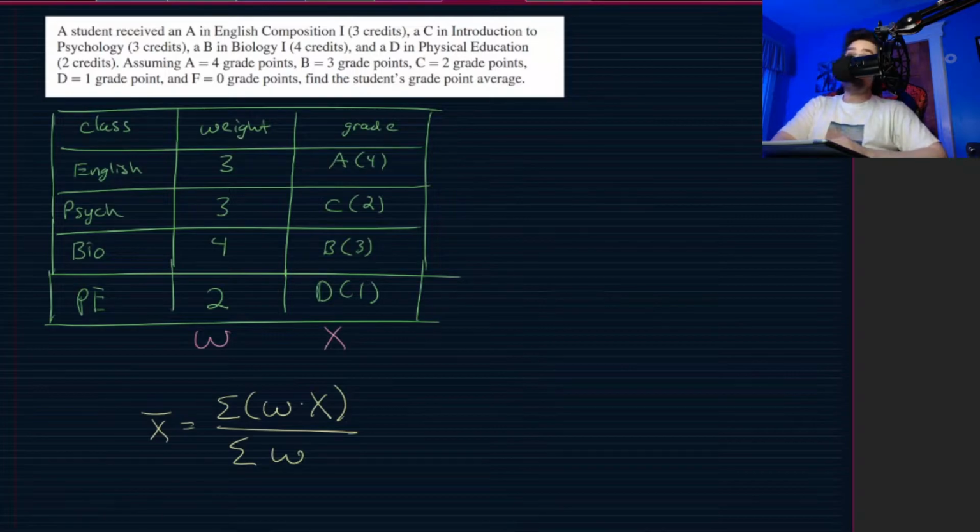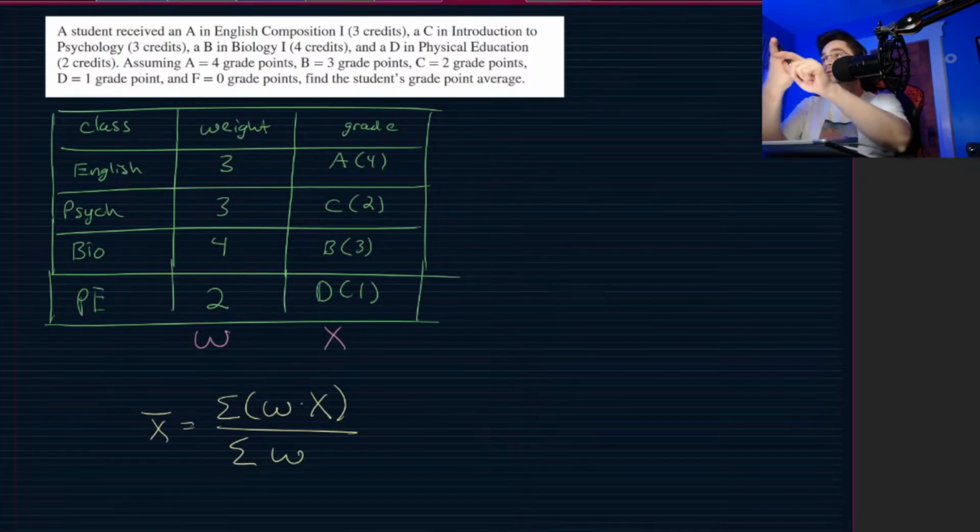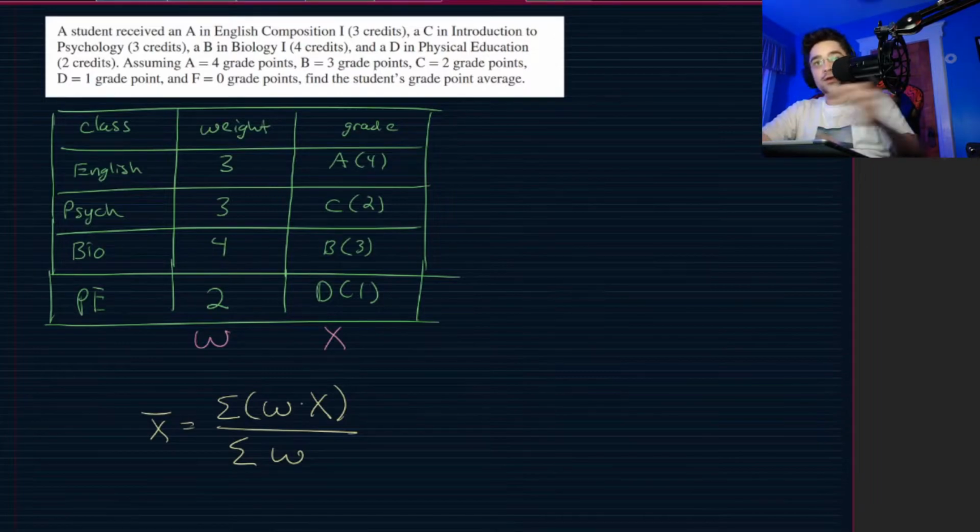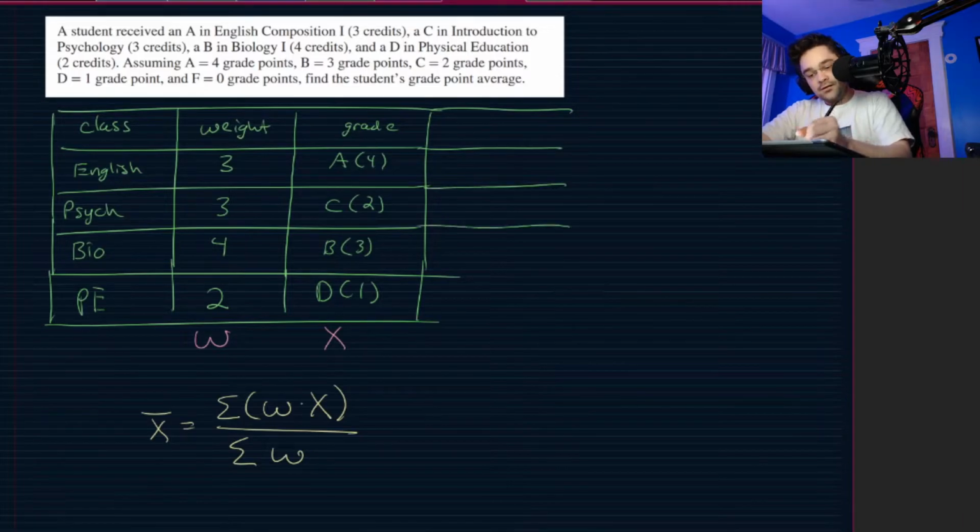So we want a column of weight times data value. So I'm going to add one more column here. They actually didn't even do that in the book, but I think it's very good to do. So this is, remember, W times X. This would be W1 times X1.